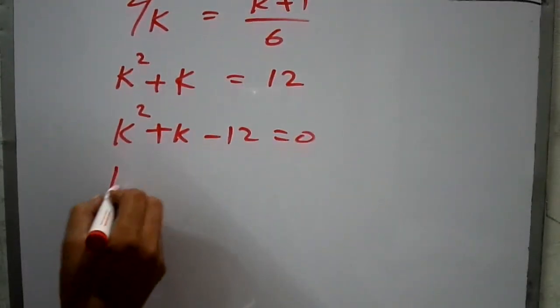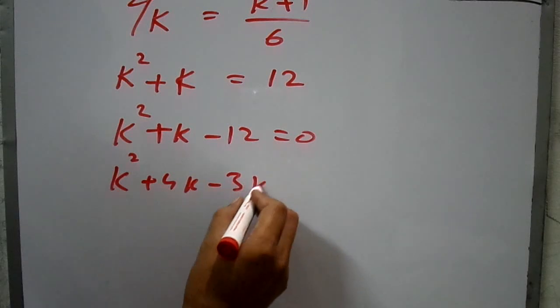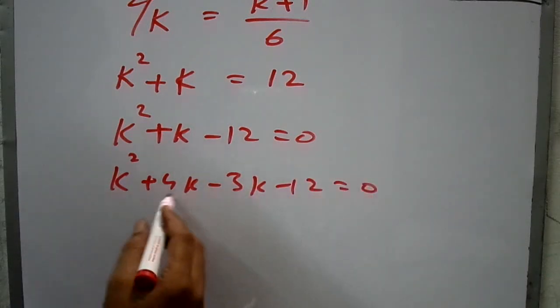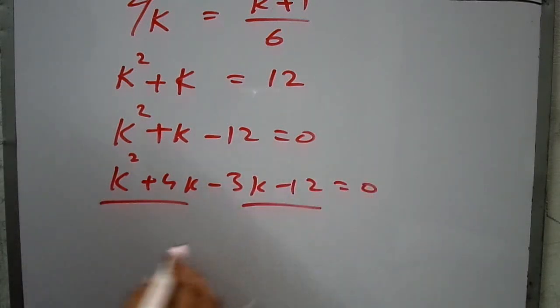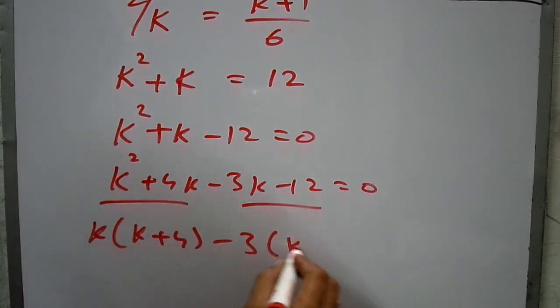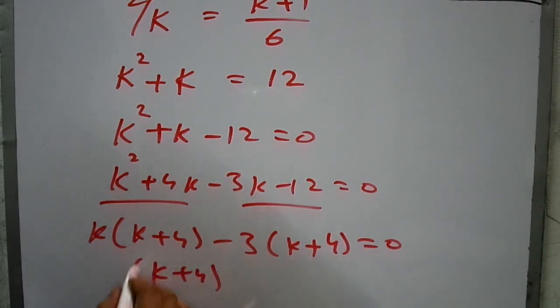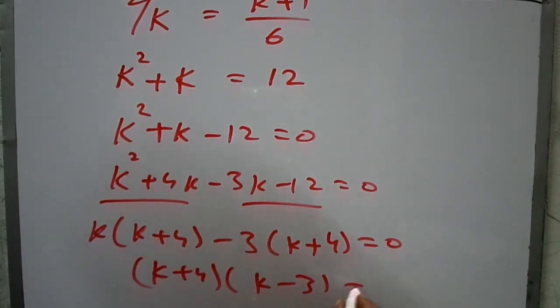So by factorization, 4 threes are 12, and make the pairs taking common. So k plus 4, k minus 3 is equal to 0.